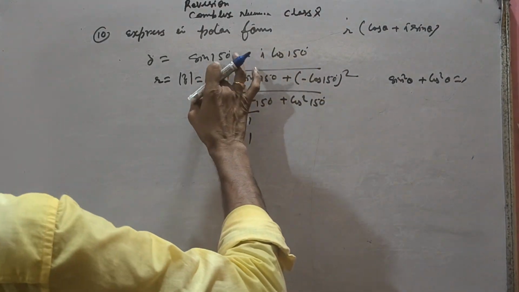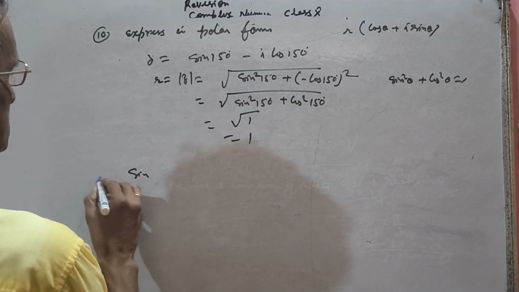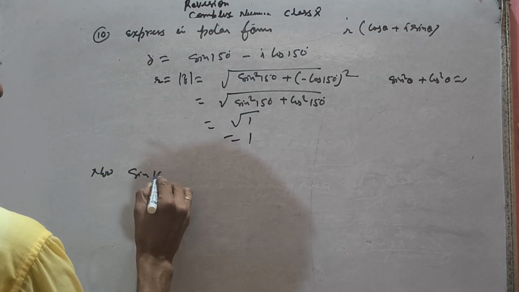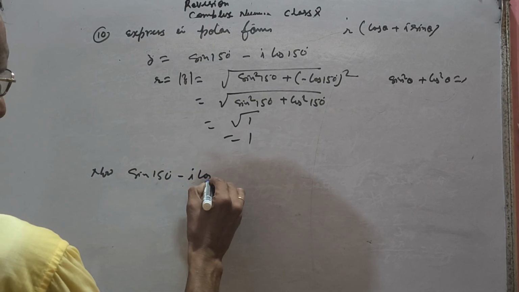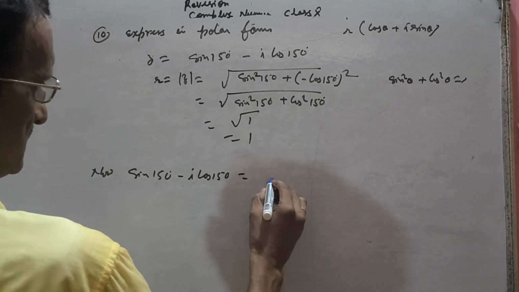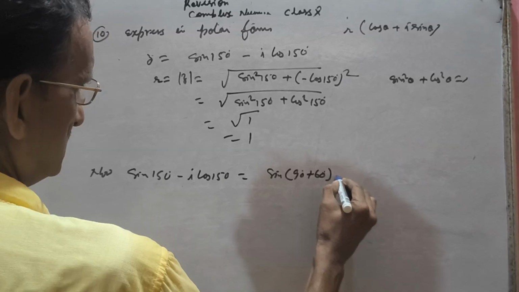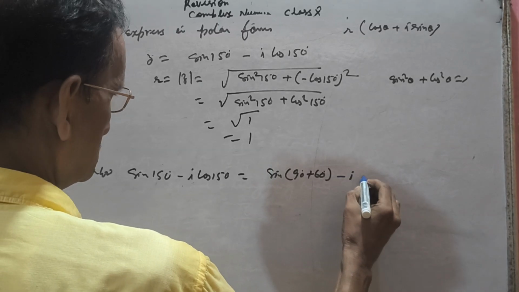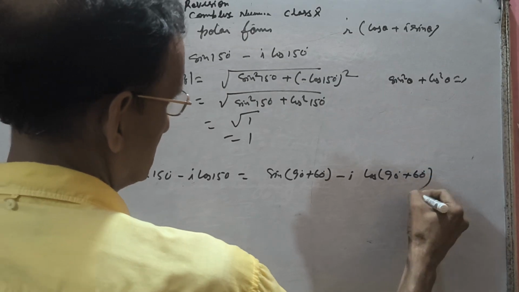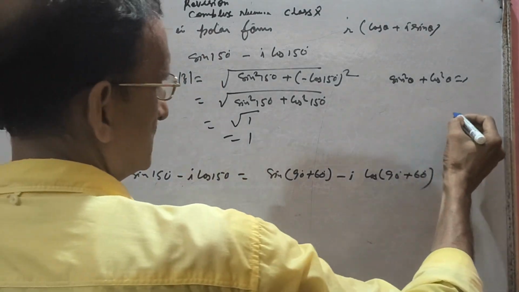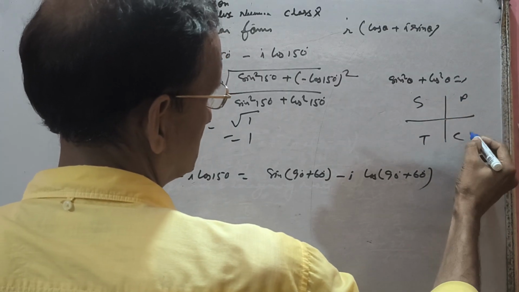Now we will try to express this in this form. So you will write sin 150 degree - i cos 150 degree. Sin 150 can be sin(90 + 60) - i into cos(90 + 60). I explained to you the quadrant rule or ASTC.